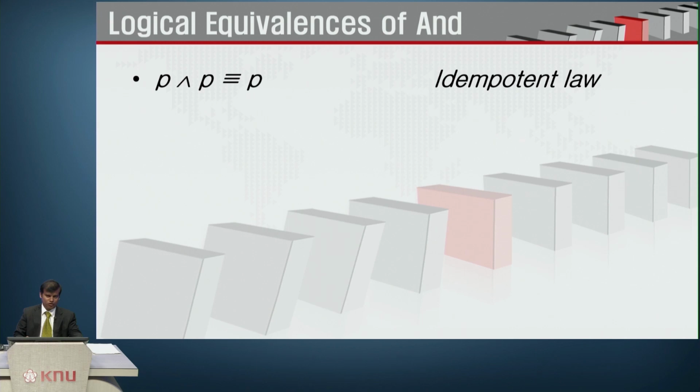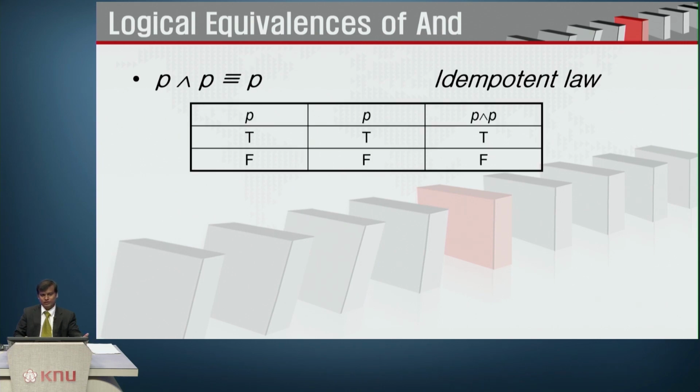Then we have a few more laws. The first one is called the idempotent law. So P and P is equal to, or similar to, P, because if P is false, the output is false. If P is true, the output is true.